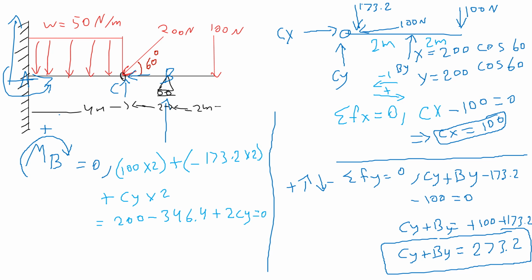So we're gonna take this 2Cy and move it to the other direction. So it's gonna be 200 minus 346.4, which is gonna give us minus 146.4.